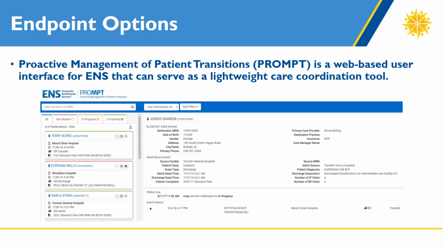We've laid a user interface over the top of it so that it's much easier to see and read. What we want to do today is give Aaron control of the monitor so that he can walk you through a demonstration of what this PROMPT interface looks like and how you can use it to benefit your organization and your patients. So Aaron, I'm turning it over to you.